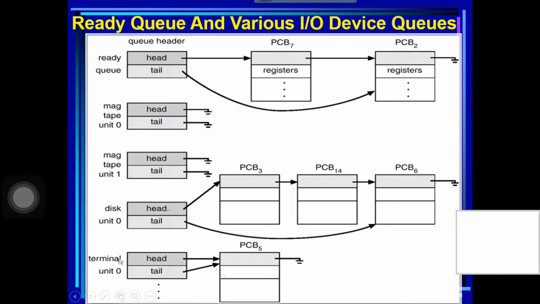And as for terminal unit 0, we have 1 process waiting for this device. So this is a waiting queue. And also we know that as for waiting queues, maybe there are many queues according to the waiting reason. Okay, the reason.